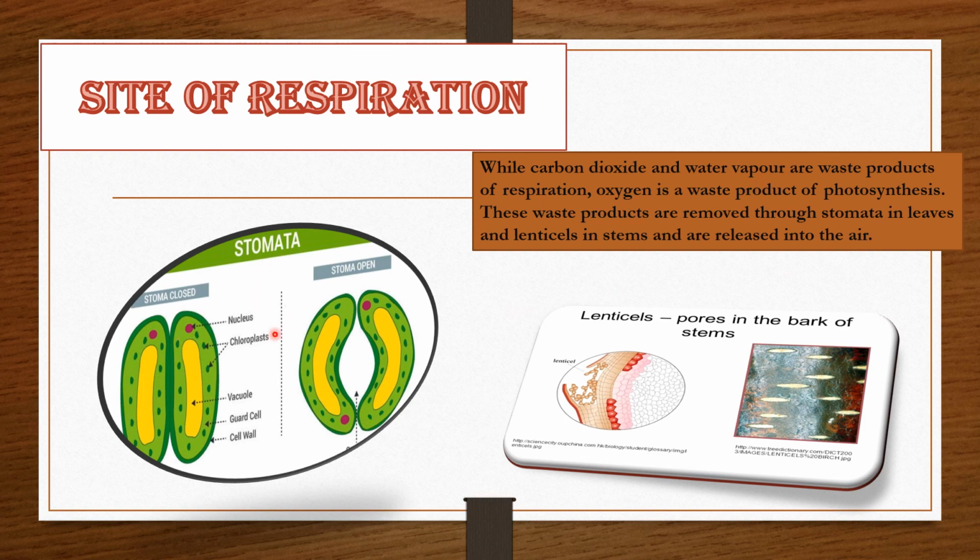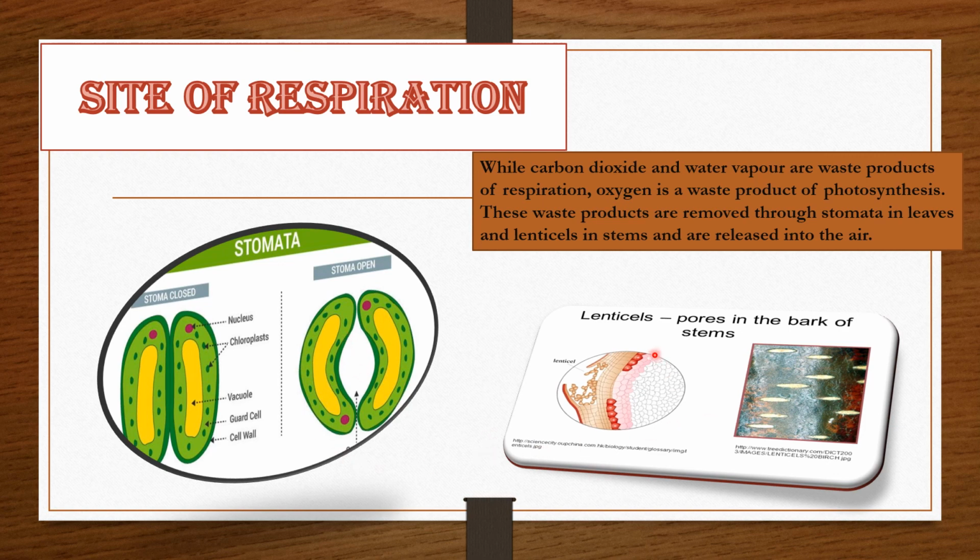See the diagram. When stomata is closed: nucleus, chloroplast, vacuole, guard cell and cell wall. When stomata closed, it is looking like that. And when stomata open, that means in the daytime, so that time it will look like that, that means in a curved way.